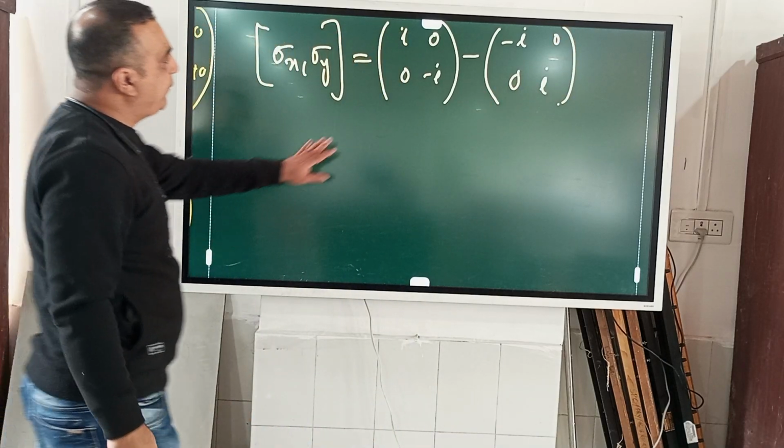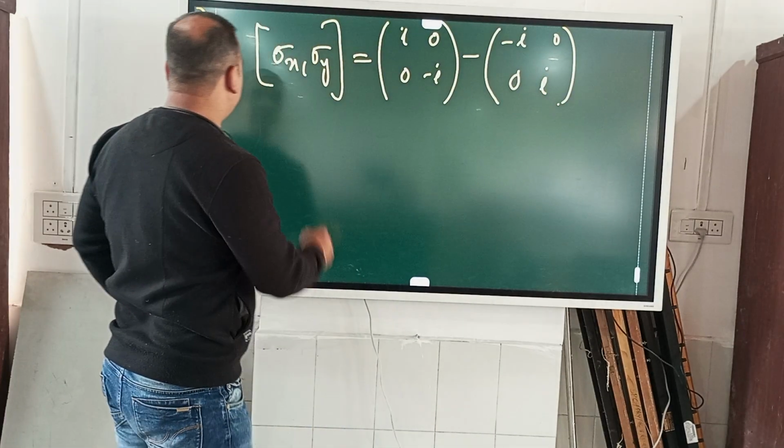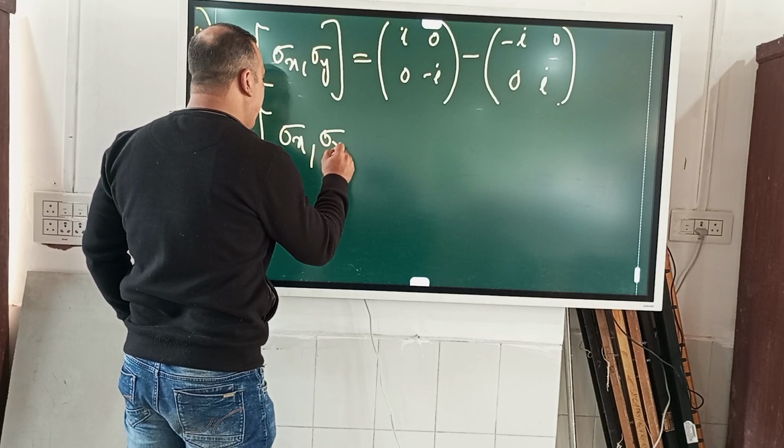So now what we have to do is subtract these 2 by 2 matrices, and we will get the commutation between sigma x and sigma y.